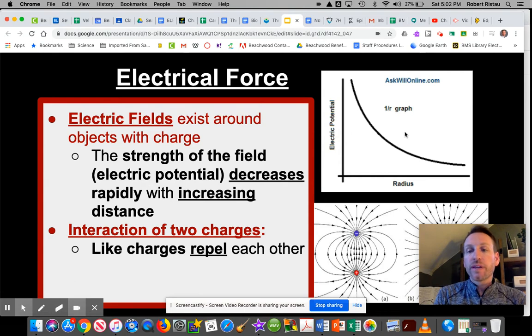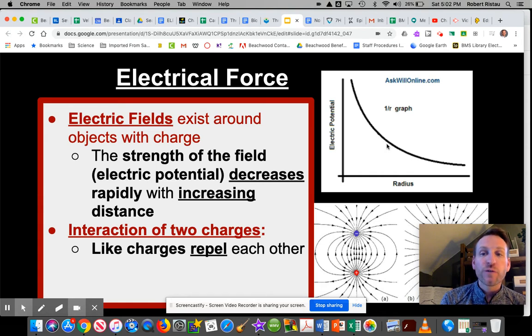Okay, it's showing that as you get further away, it decreases, and it decreases at a decreasing rate. And depending on the science class, depending on what math class you're in right now, that is either a new phrase to you or a phrase you've heard in math class before for this type of graph. It's decreasing at a decreasing rate. And so what that means is that right at the beginning, we see a pretty steep line here, a pretty steep slope, which means that it's decreasing rapidly at the beginning.